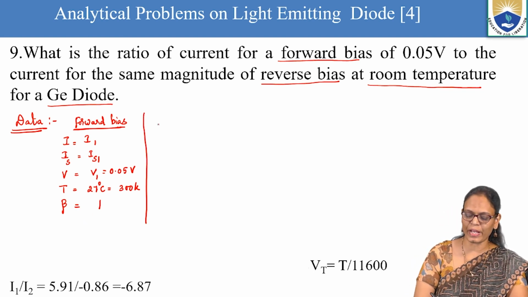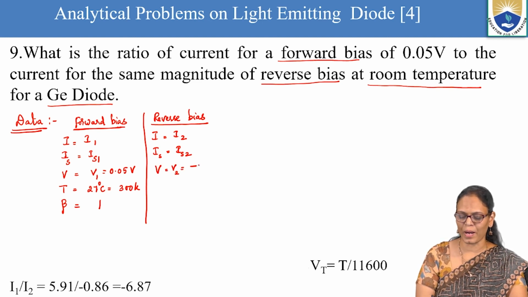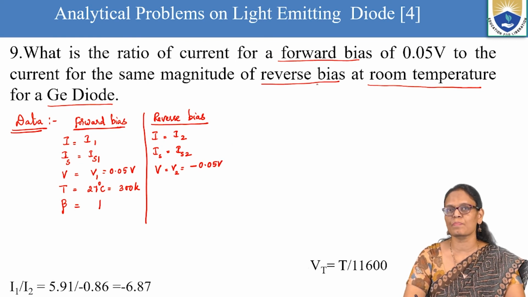Now what will it be for reverse bias? I is equal to I2, IS is equal to IS2, and the voltage is V2, which is minus 0.05 volt, because it is in reverse bias.